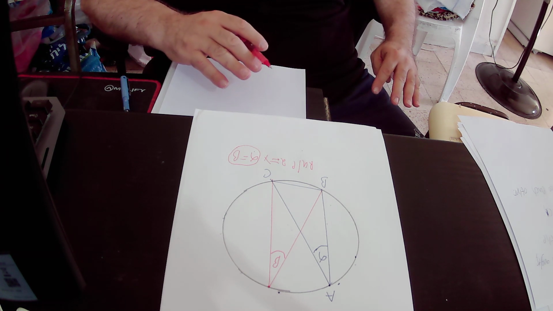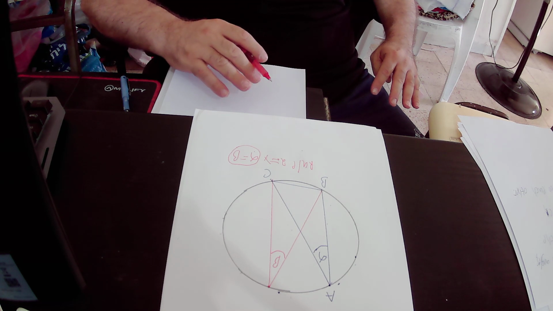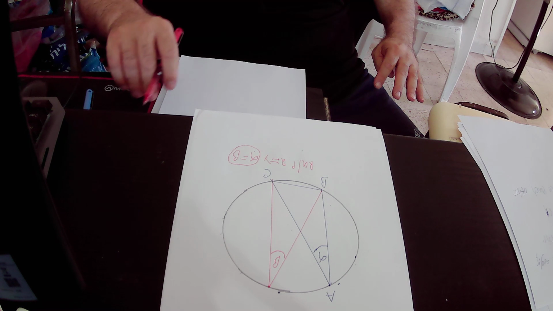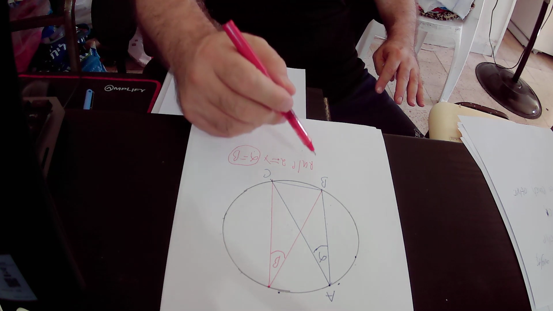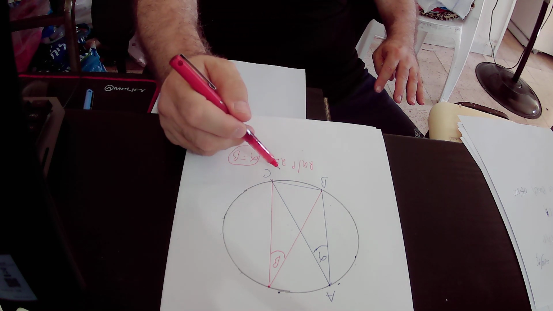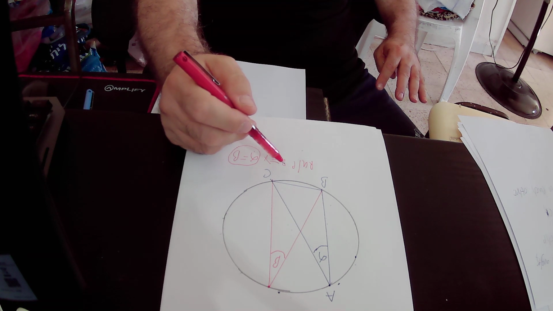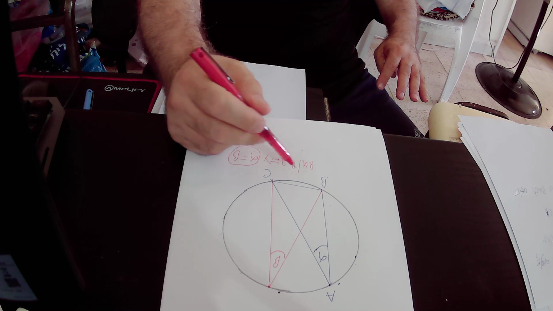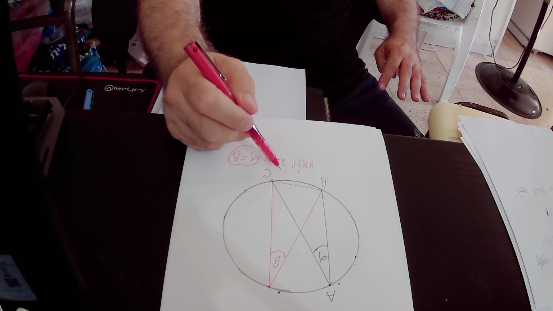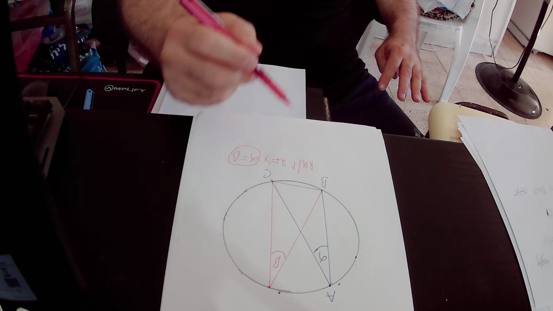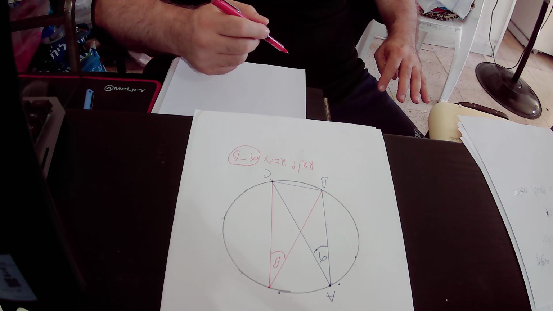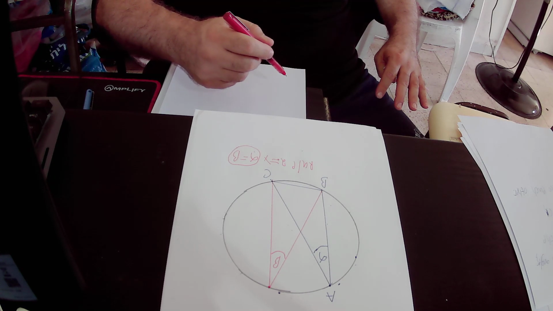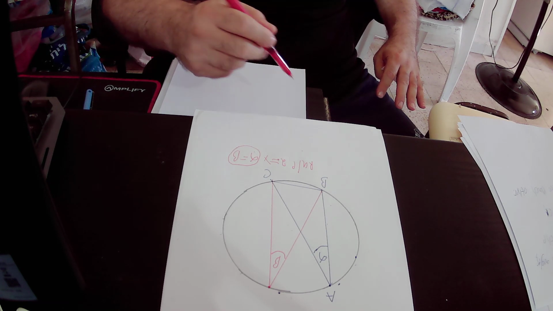So that is rule number 2, and I will repeat again that they both rest on the same chord BC, but they also both rest on the same arc BC. When they both rest on the same chord BC, automatically they also rest on the same arc BC.